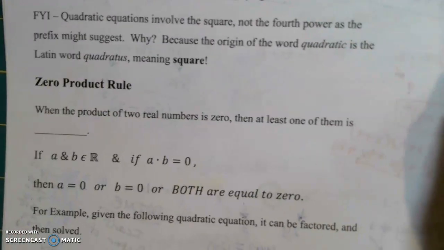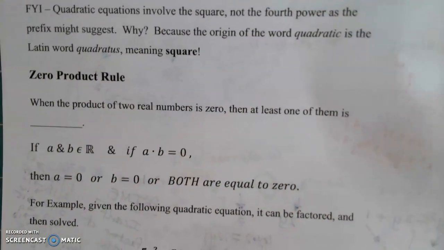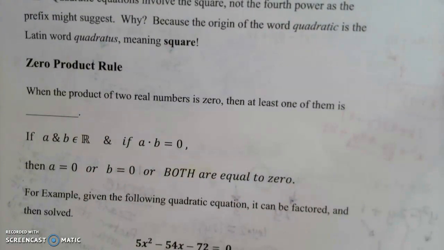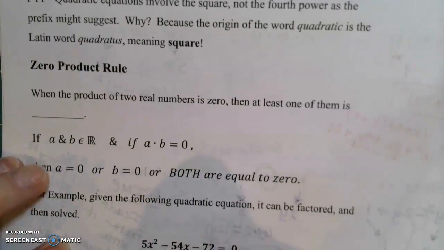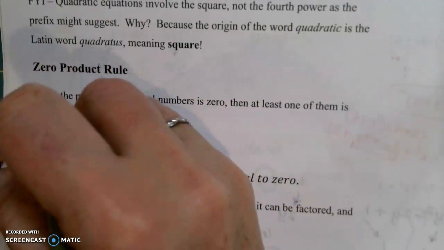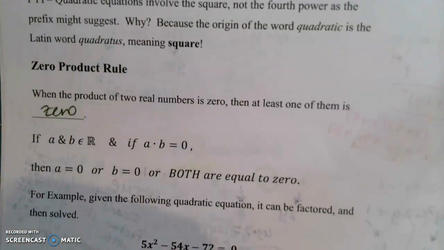All right, so our zero product rule we talked about before, and definitely in 38, if you had that with me, or in a previous math class that you've had at some point. When we multiply 2 real numbers and we get 0, at least one of them is 0. And it just has to be that way.